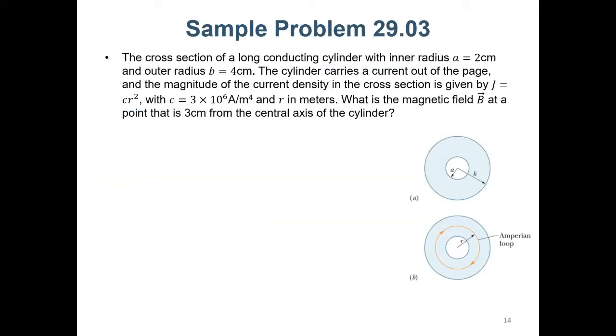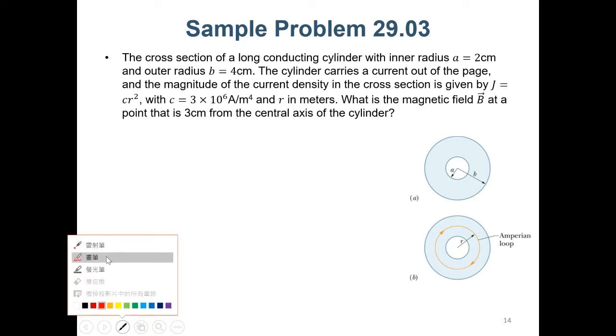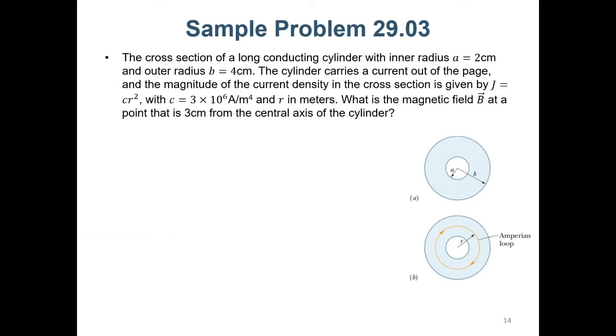So let's come back to the sample example. For this one, the cross section of a long conducting cylinder has inner radius a and outer radius b.